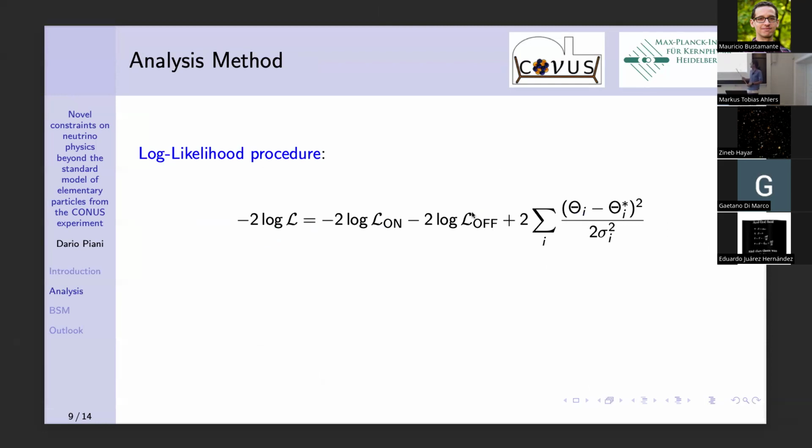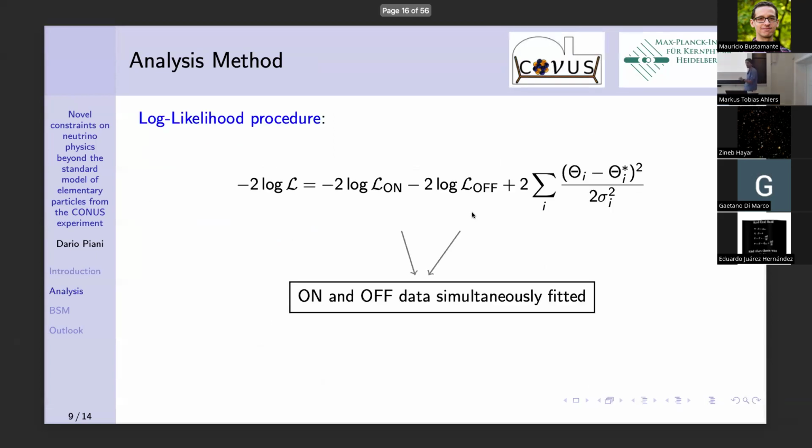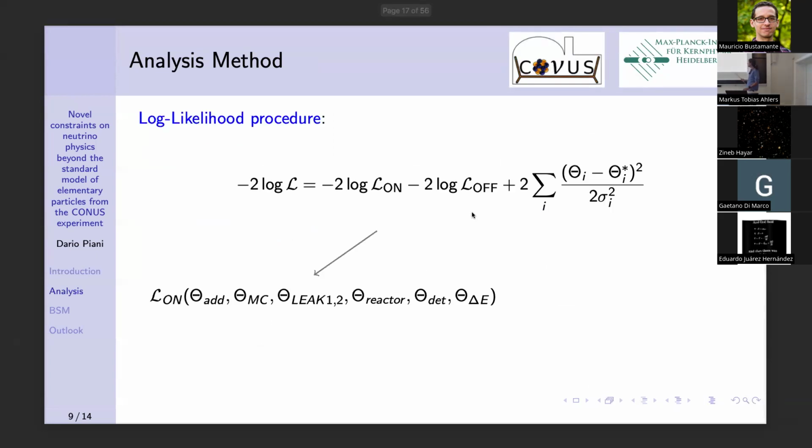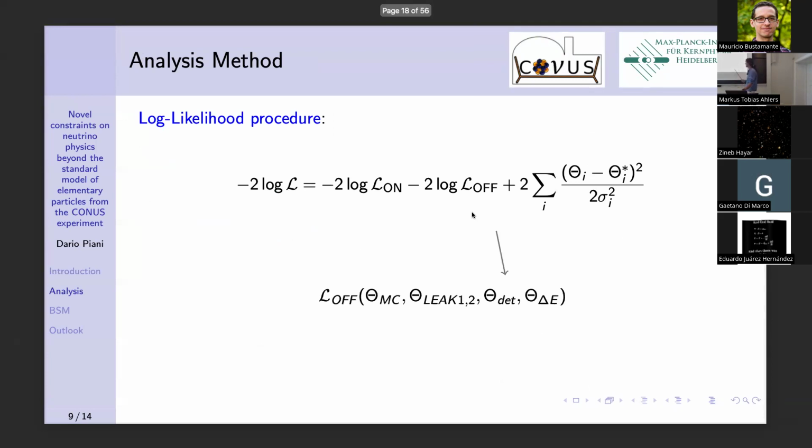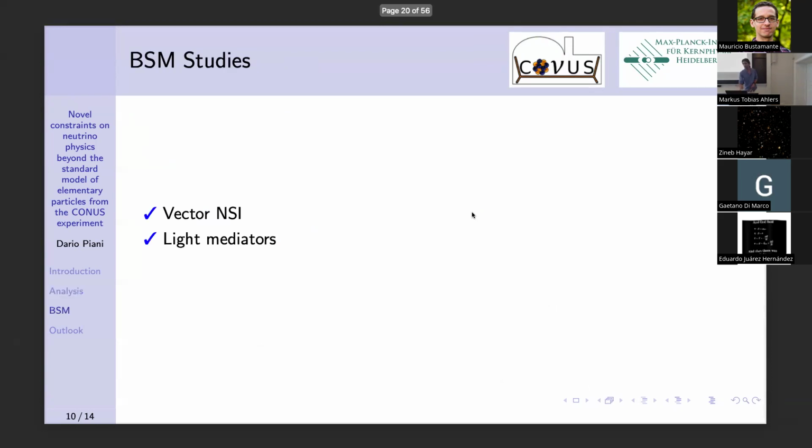Now, in my analysis, what we used was a log likelihood procedure where the on and off data were fitted simultaneously with their respective parameters, and any additional information on measured quantities or systematics was included via Gaussian pull terms.